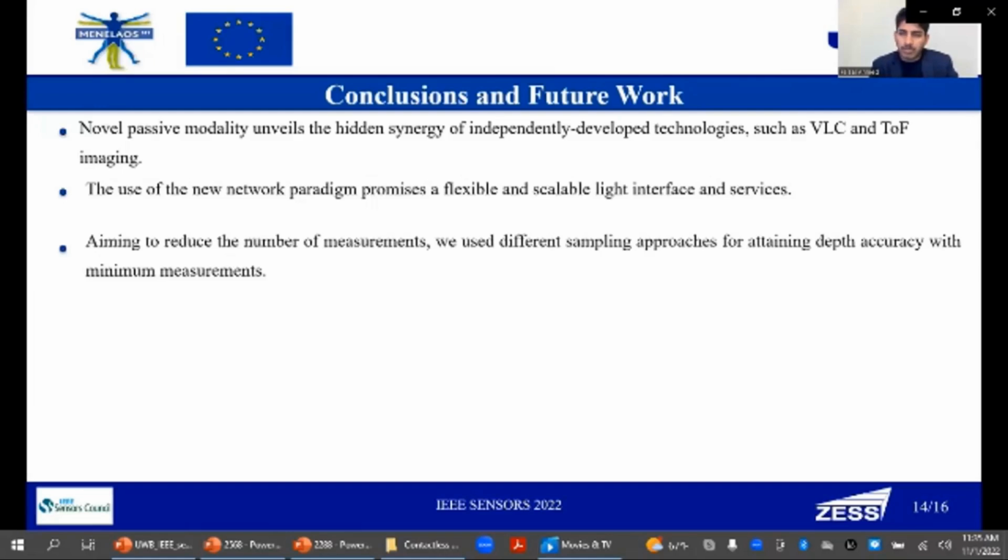Aiming to reduce the number of measurements, we use different sampling approaches to attain depth accuracy with the minimum number of samples, where we also note that sparse ruler has some problems because of mismatch. And our proof of concept witnessed the feasibility of passive ToF imaging.